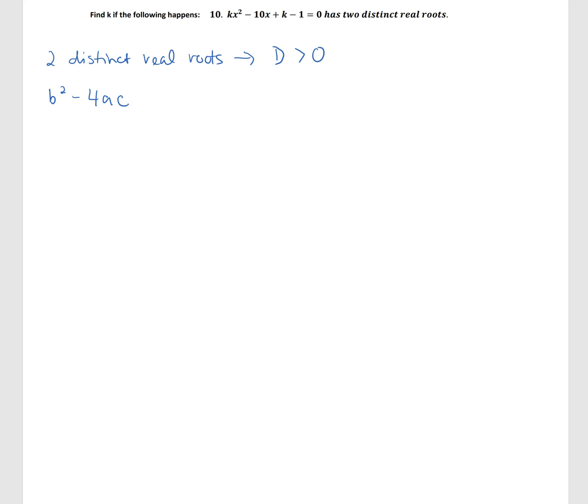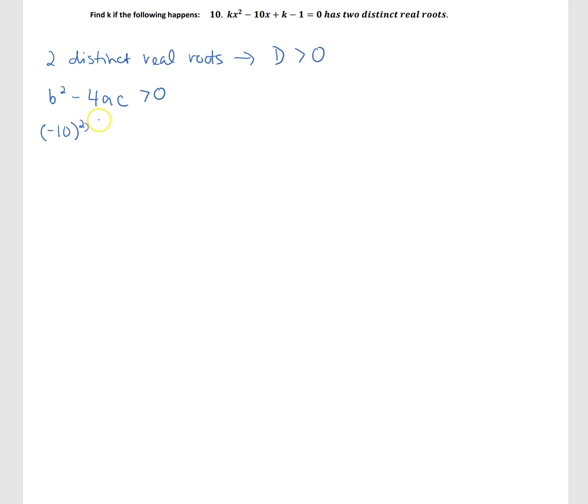So we know that if this has to be true, then b squared minus 4ac has to be greater than 0. And so now we can plug in what b, a, and c, our coefficients, are for this equation. And so b is our coefficient on x, so it's negative 10.